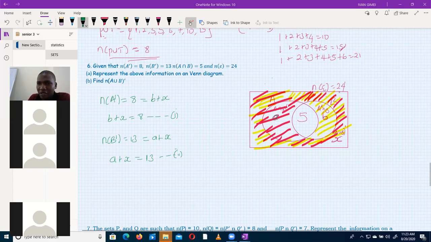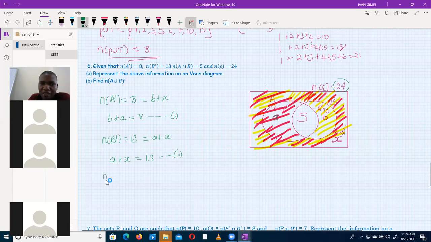You come to the universal set. They are saying all elements in the universal set add up to 24. So you can add up everything here and equate to 24. Everything inside this rectangle should give us 24. So that's how we're going to generate the third equation.